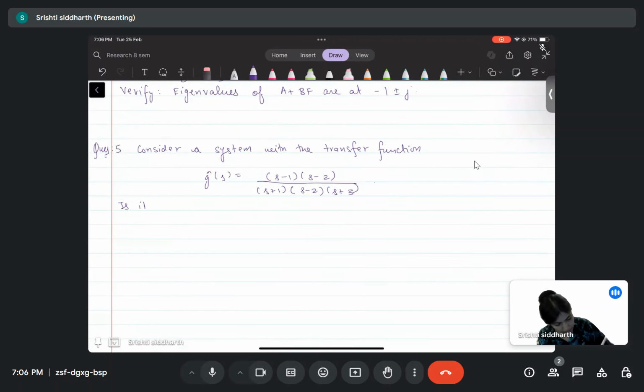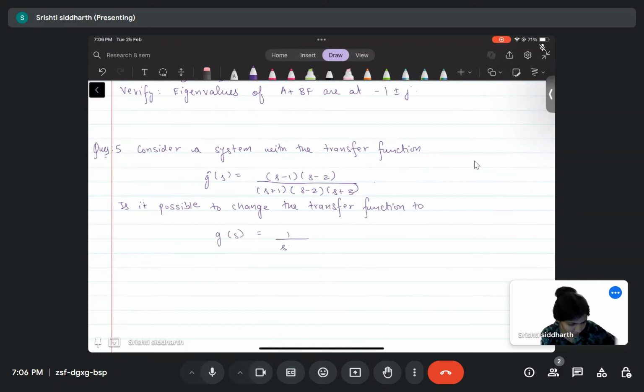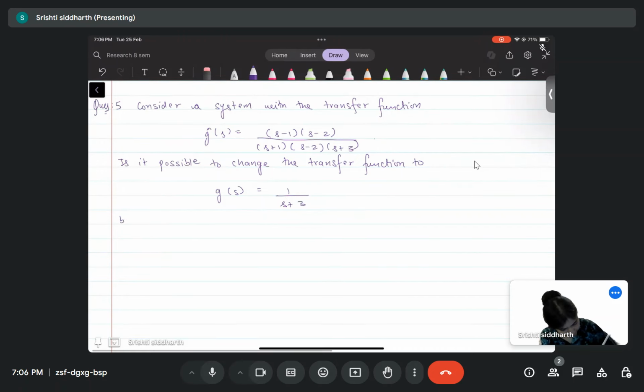Is it possible to change the transfer function to, let's say, g of s equals 1 upon s plus 3 by state feedback?